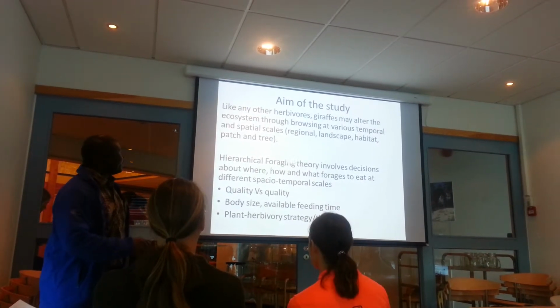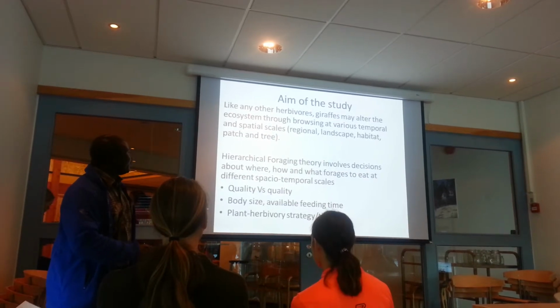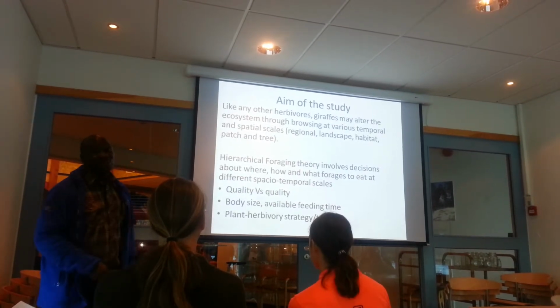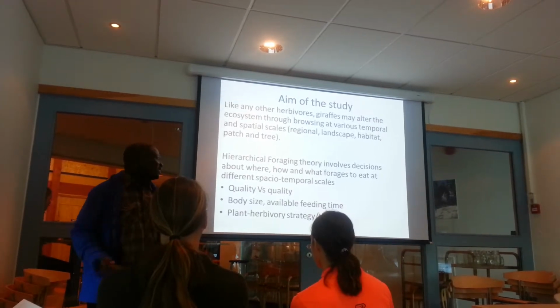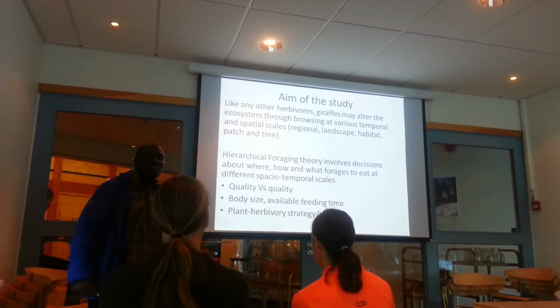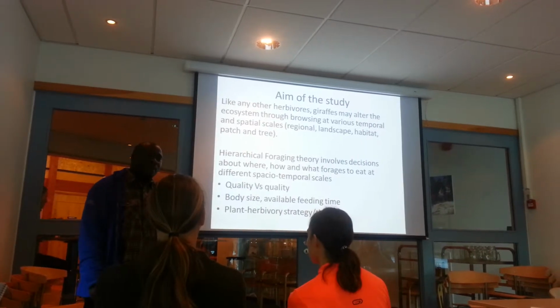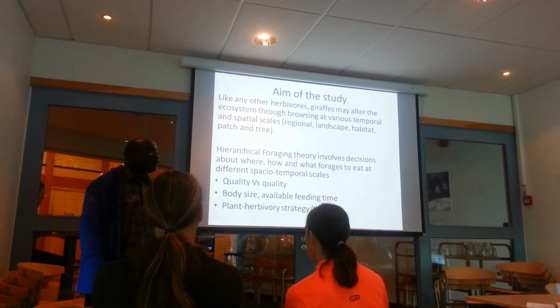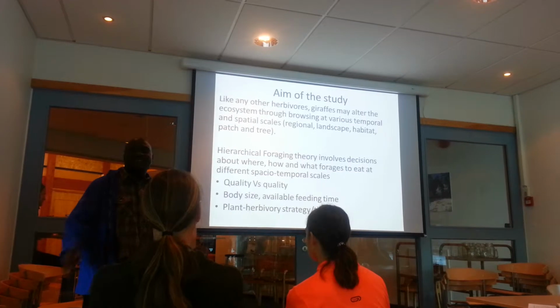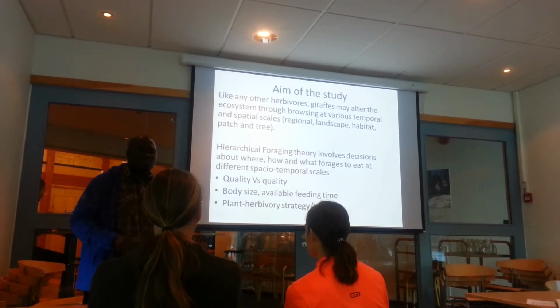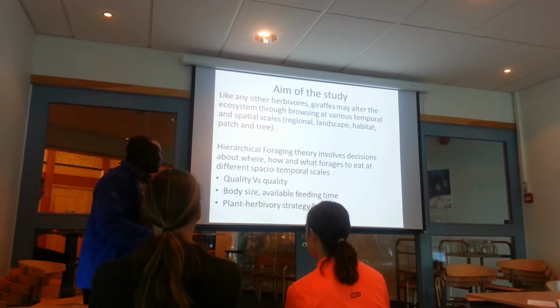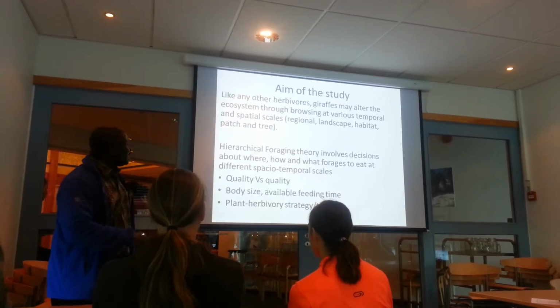And in the foraging theory, we assume that the animal has to make a trade-off, deciding the quality and the quantity of the food to feed on. Because most food items found in the environment are of low nutritive value, low quality, poor quality. And also there is the issue of how much.